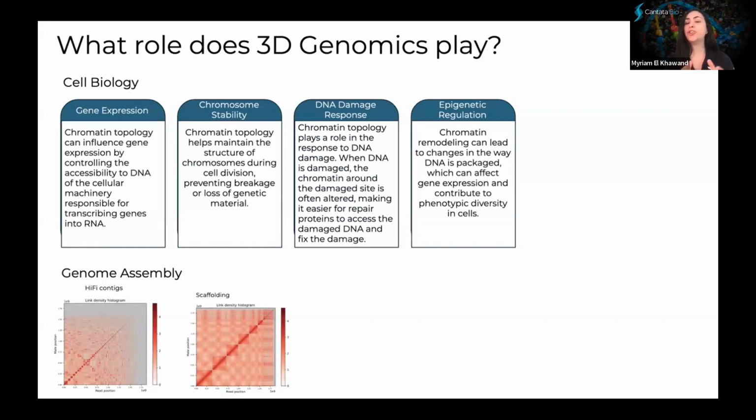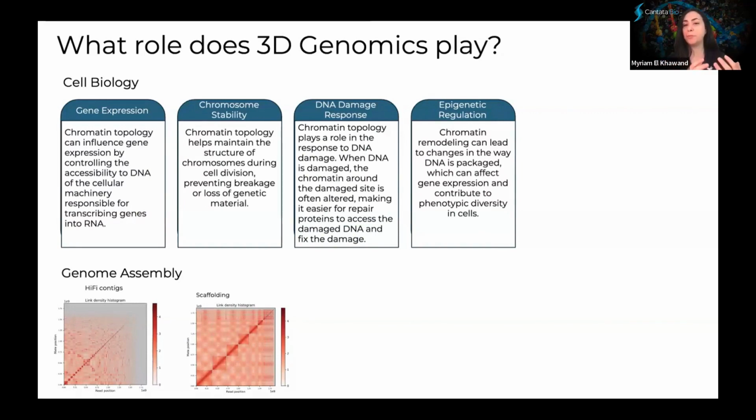So in addition to the role that 3D genomics plays in more of an epigenetics and gene regulation applications, it also plays a role in genome assembly applications. So researchers can use this 3D genomics information to infer what sequences come from the same chromosome, how they're ordered, how they're oriented.